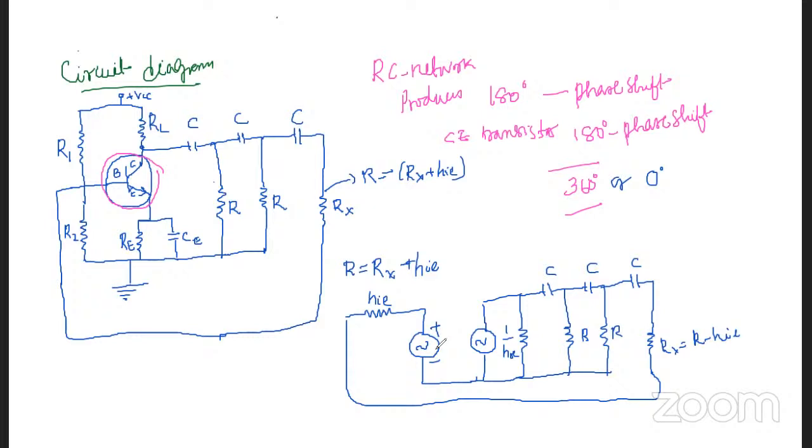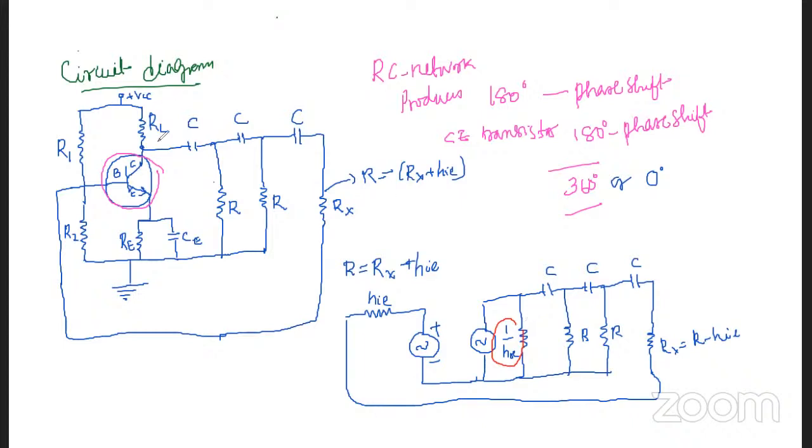In this circuit, this 1 by HOE can be neglected because it is much larger than the RL value.